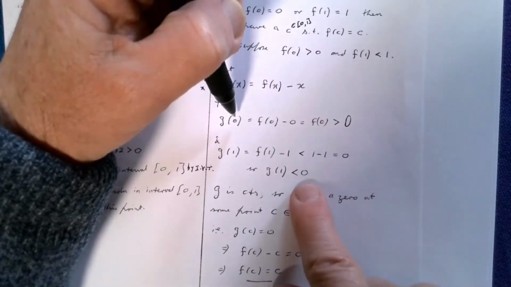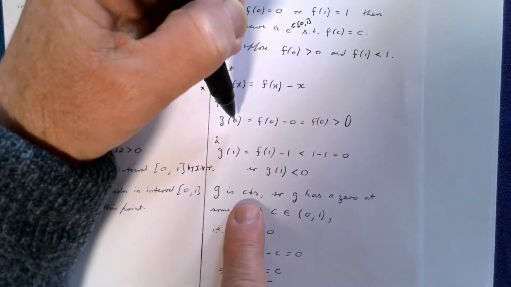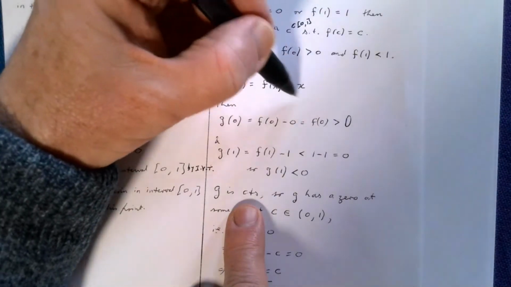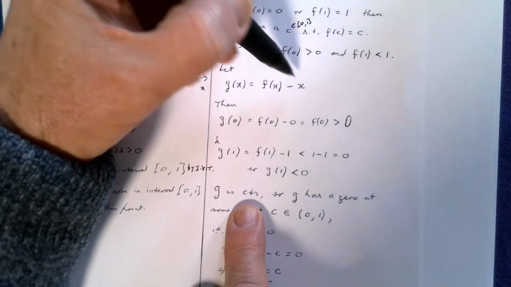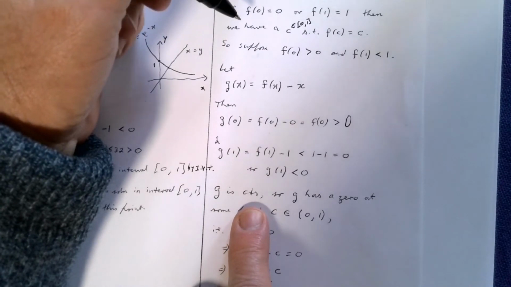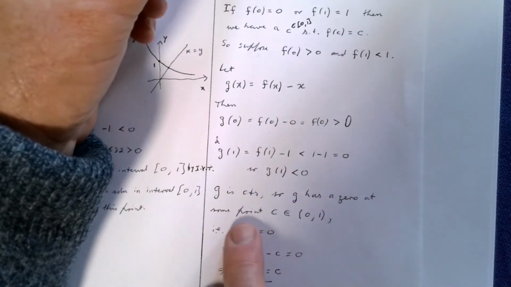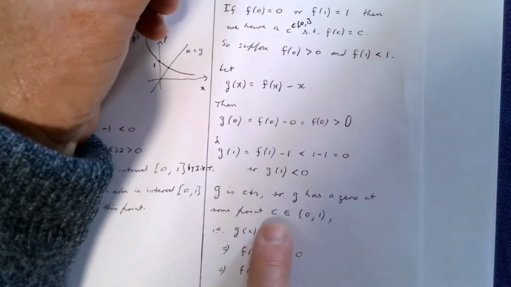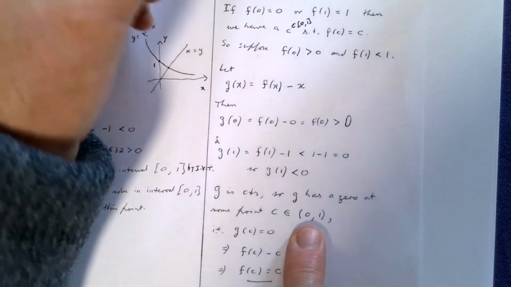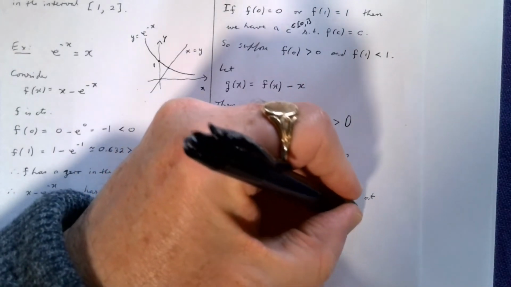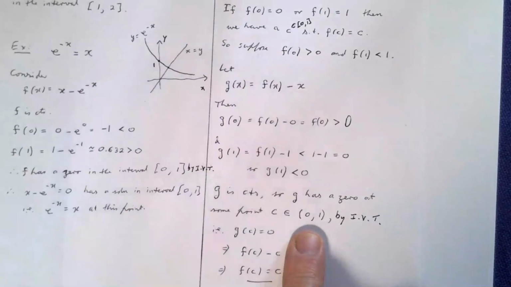So they change sign. And g is continuous because it's f of x, which was continuous, and x we know is continuous. So the difference of two continuous functions is continuous. And so by the intermediate value theorem, g has a 0 at some point, I'm going to call it c, somewhere in this interval, and I should say by the intermediate value theorem, should always perhaps quote the theorem.